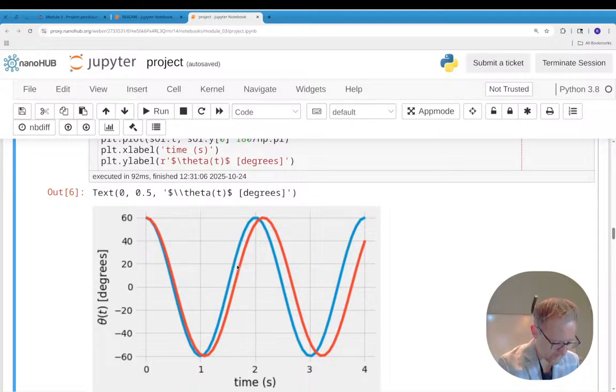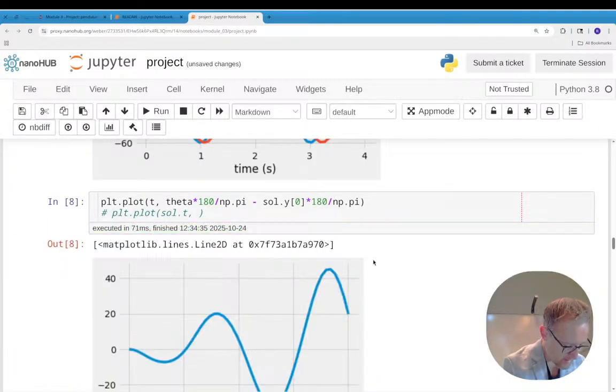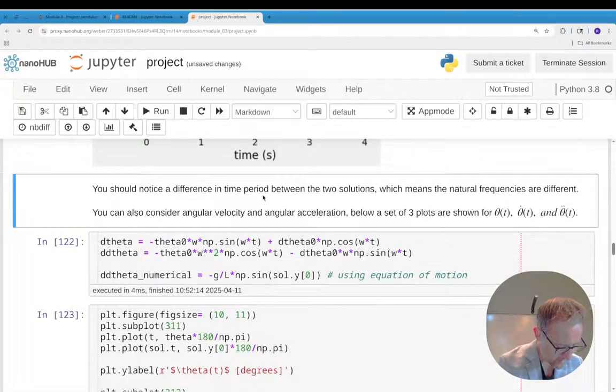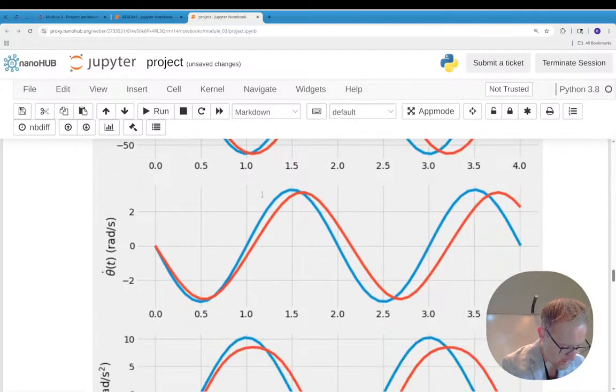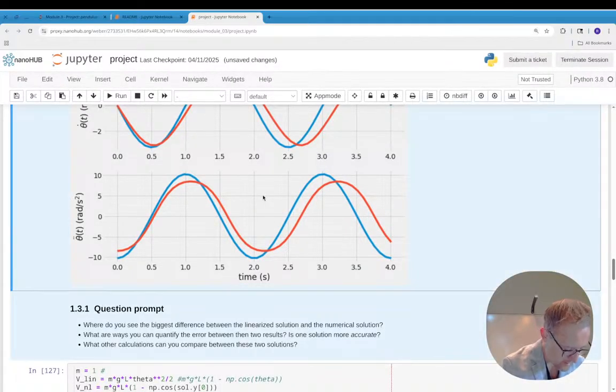Okay. So there's that. We can look at, let's get rid of this one. I don't think that's in the original. Let's do this.